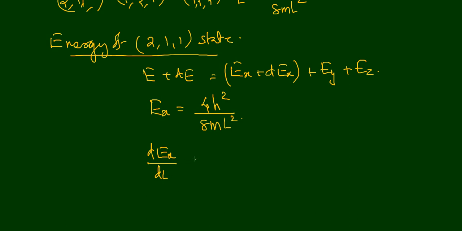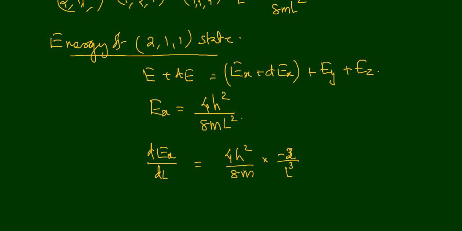So dEx by dl is equal to d by dl of 4h² divided by 8ml², that is 4h² divided by 8m into d by dl of 1 by l², that is equal to minus 2 divided by l³, because it is l squared.